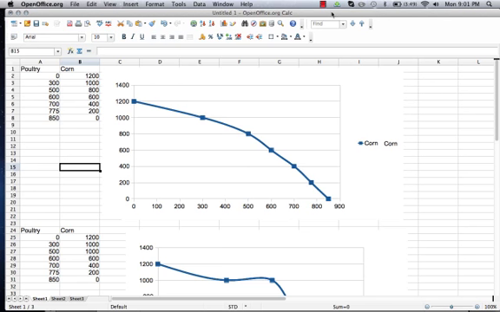And that's basically the same principle here. The only thing is, if you've got 1,200 resources, you can't make 1,400. And that's basically what it is. They are going to be shared equally.